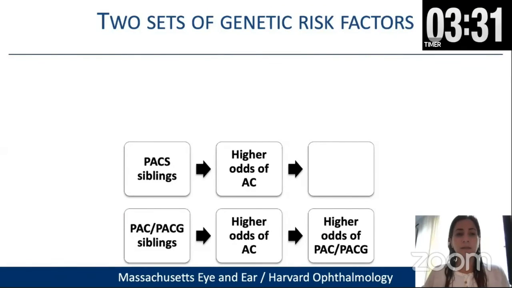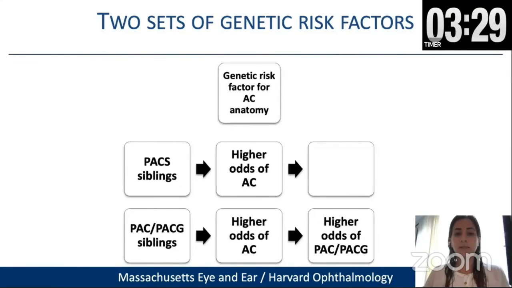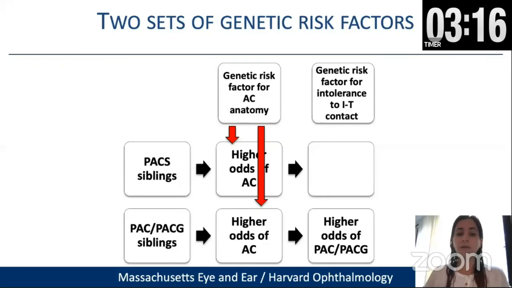These studies together suggest that there may be 2 different sets of genetic risk factors. One that predisposes to presence of angle closure anatomy and leads to higher odds of angle closure, but a different set of genetic risk factors that predisposes to intolerance of iridotrabecular contact or likelihood of progressing to PAC-PACG.